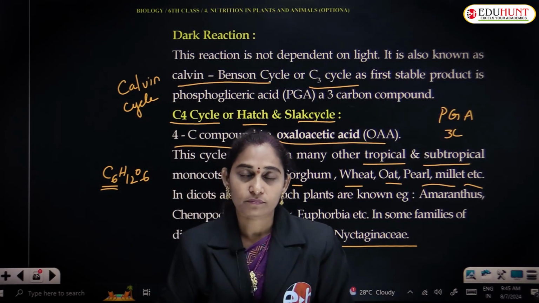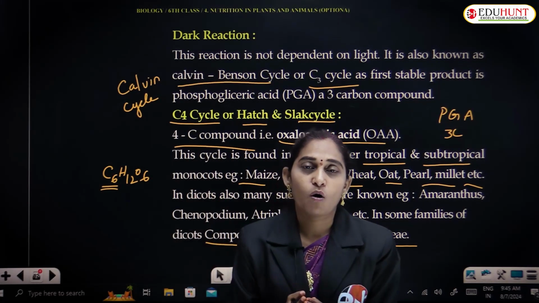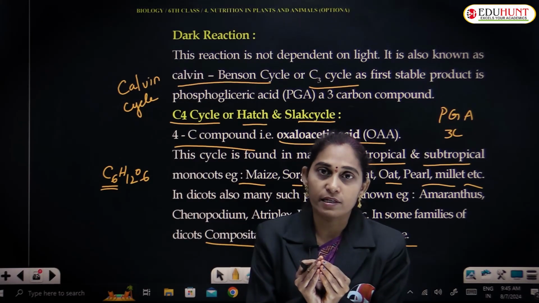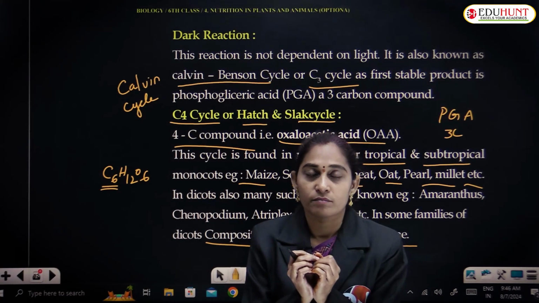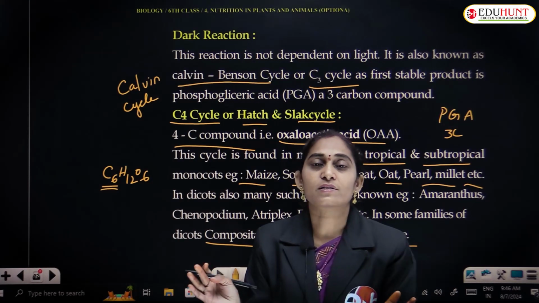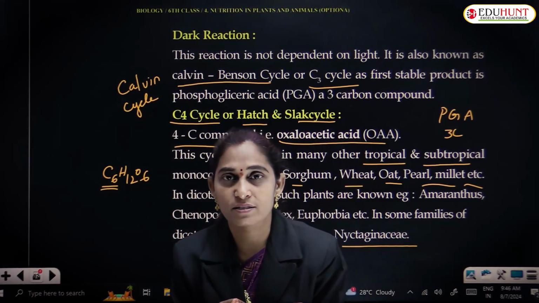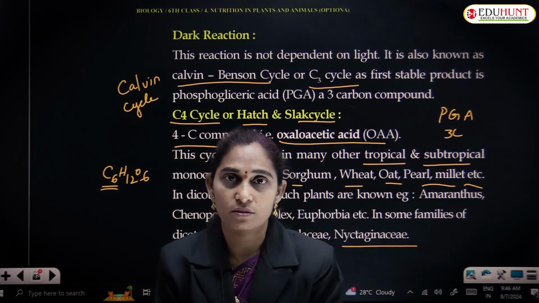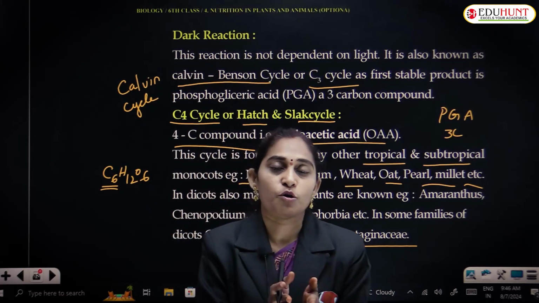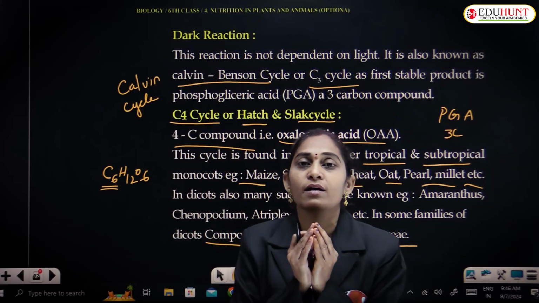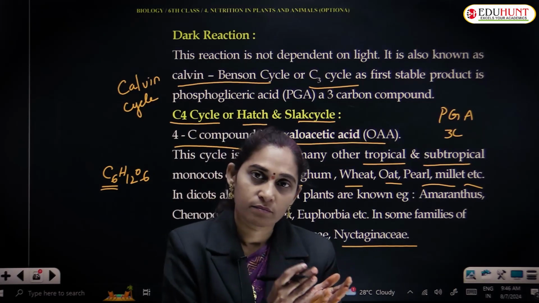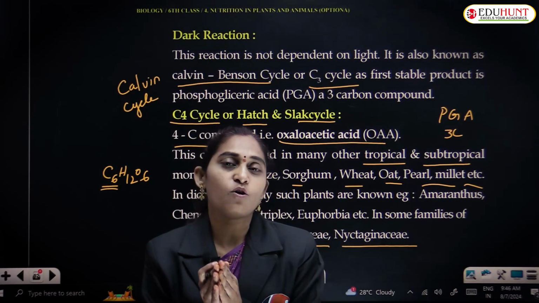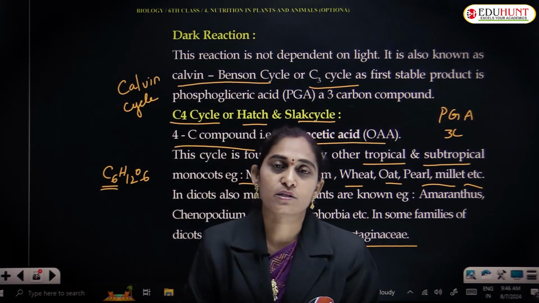Whenever water enters the guard cells, the stomata open. Whenever it leaves the cells, they become flaccid and the pore closes. In mesophytes, stomata are open during daytime and closed at night; in xerophytes, the reverse process takes place.